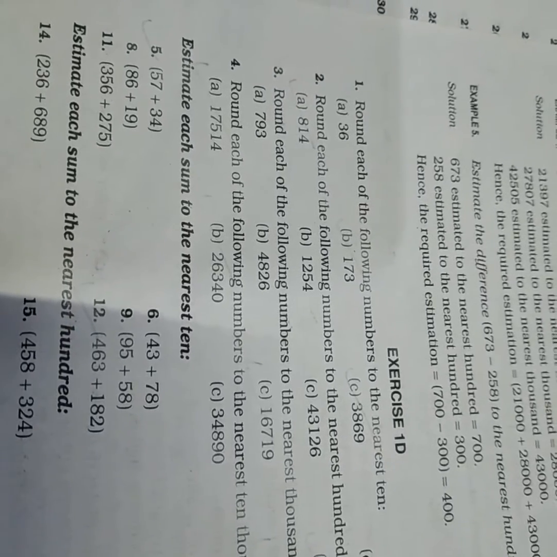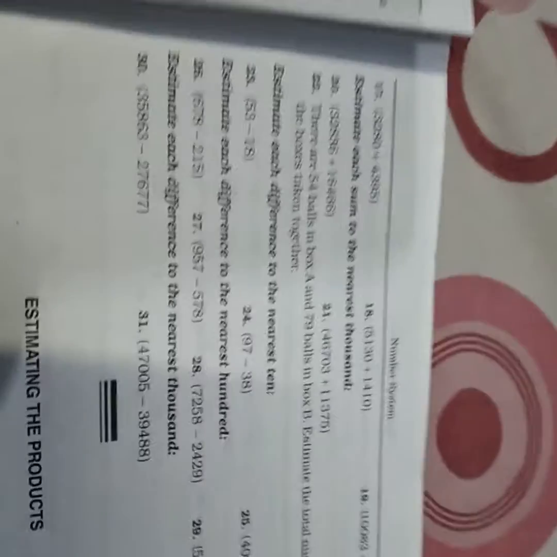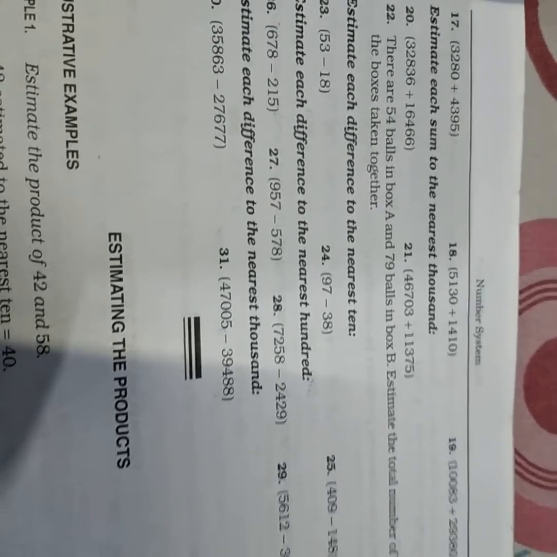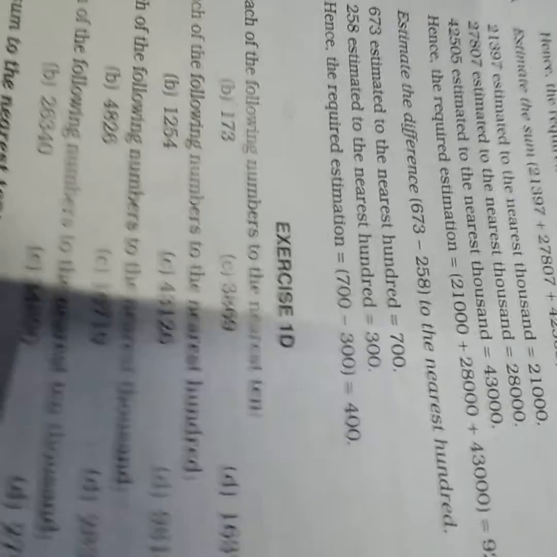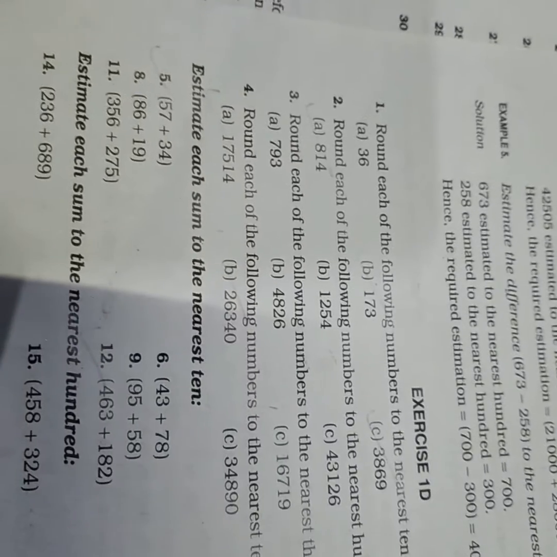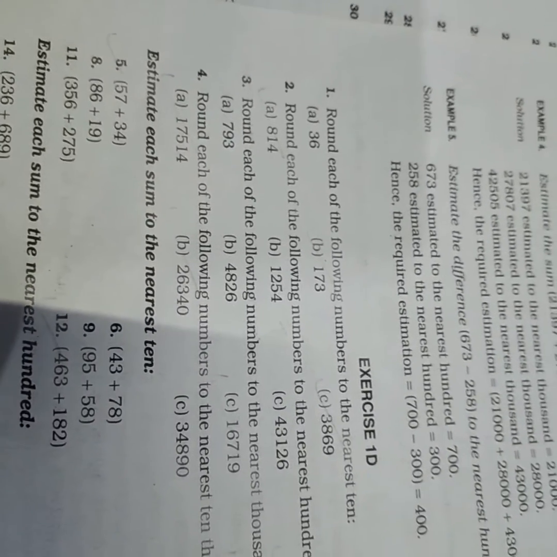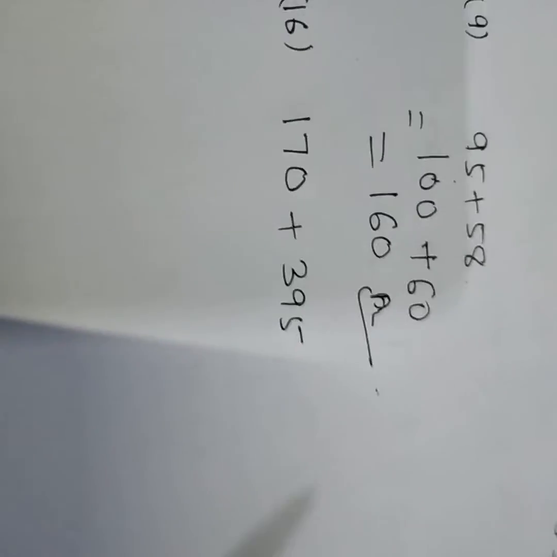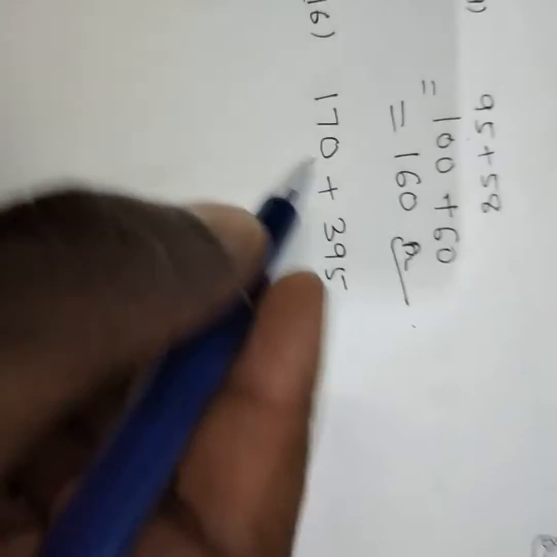Here are questions 14, 15, 16, 17, 18. All these questions we have to solve with the help of nearest 100. With the help of nearest 100 we will solve question number 16, 170 plus 395.